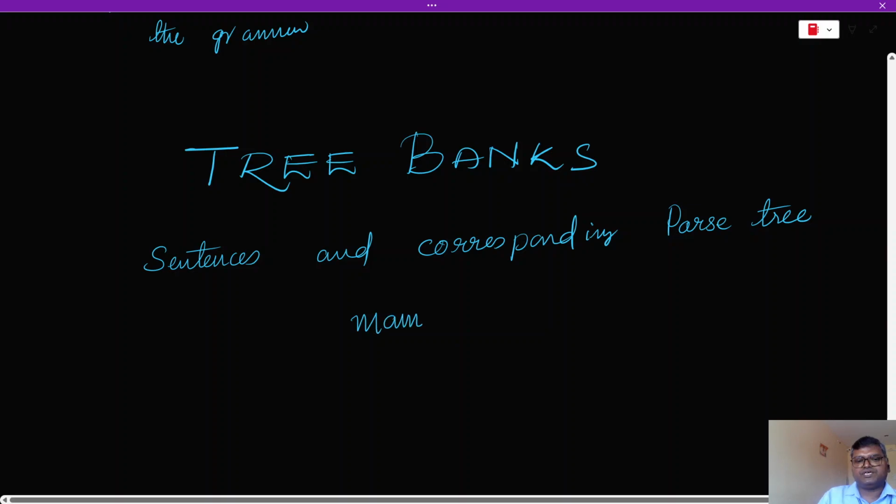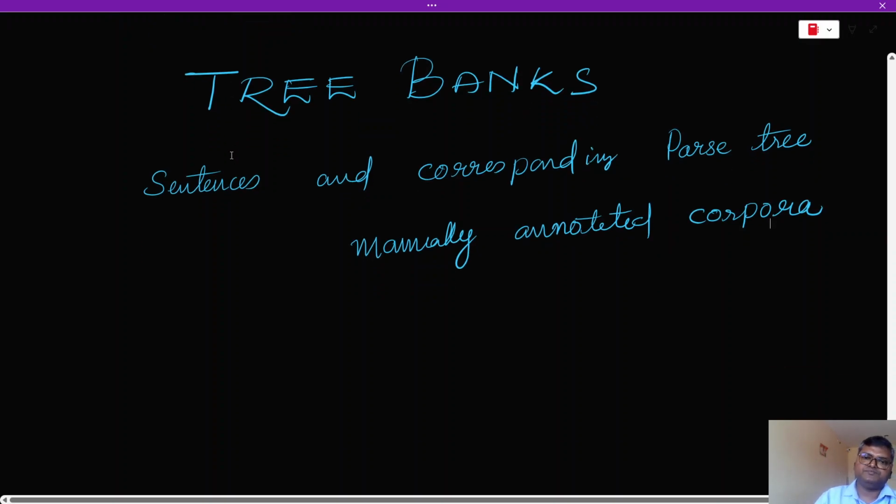So we say that as manually annotated corpora. So the linguistic pundits, the manual experts, sat together and took as many sentences as possible.